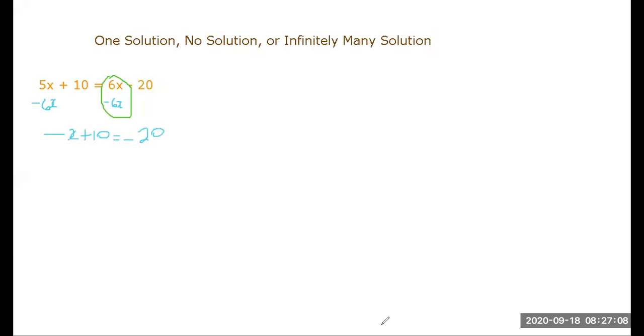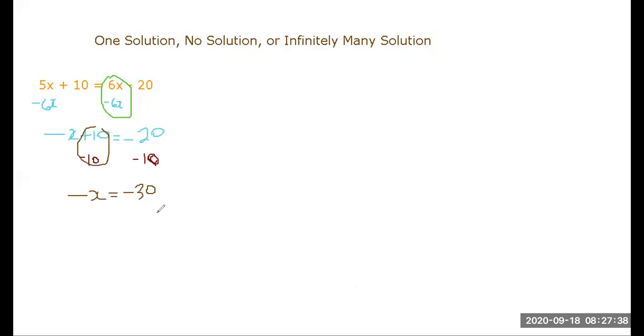Now for my next step, I need to subtract 10 because I need to get the 10 on the other side. Right? And then once I've done that, I know that this is equal to 0. So now I'm left with minus x is equal to negative 20 minus 10, which is negative 30.